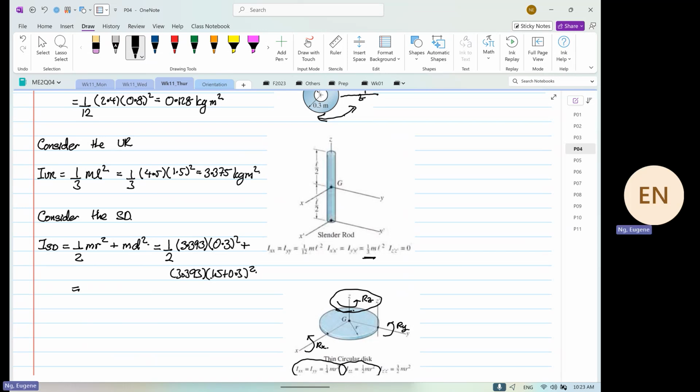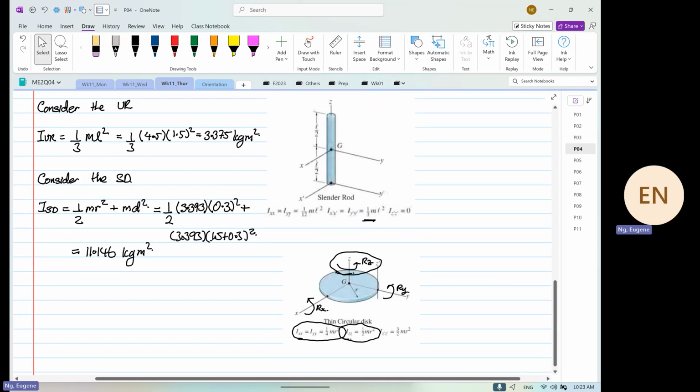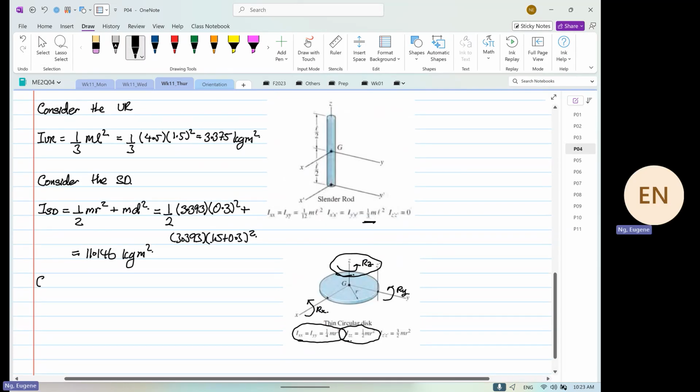It's equal to 11.146 kilogram meter squared.